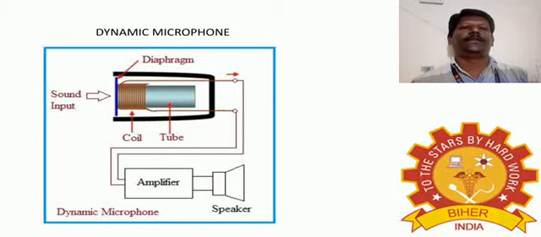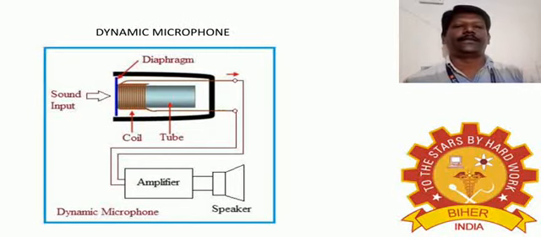So dynamic microphone has diaphragm, moving coil and magnet tube. So when you produce sound in front side of the diaphragm, the vibration of air molecules falls on the diaphragm. So diaphragm moves front and back.